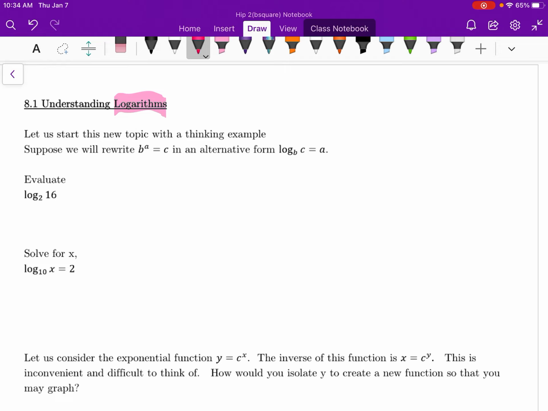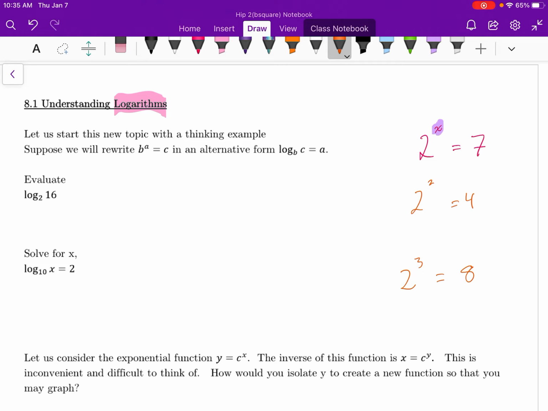Anyways, now I'm just going to start this off with a question like 2 to the power of x is equal to 7. All right. What is the power of x? I have no idea. Let me try. So 2 to the power of 2 is 4, and 2 to the power of 3 is 8.